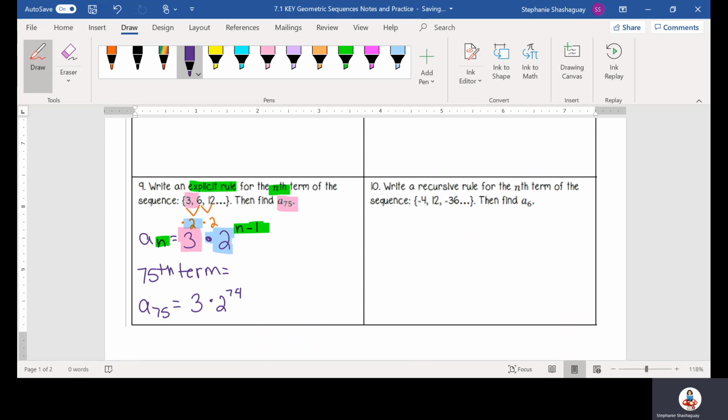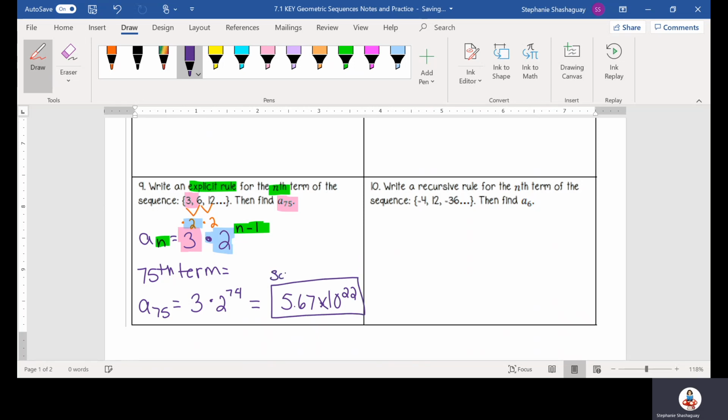I'm going to use the x to the y power and type in 74. And that equals a lot of zeros. So the way that you would write that is 5.67 times 10 to the 22nd power.